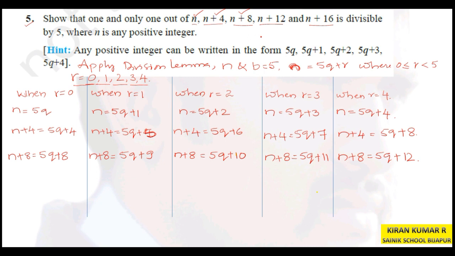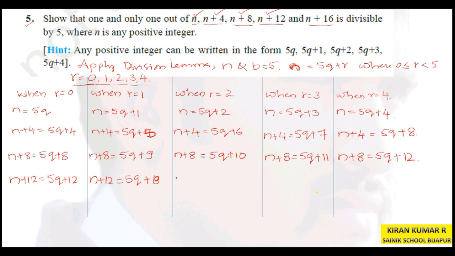Now we have to consider n plus 12. What will be n plus 12 for each of those remainders? When remainder is 0, n plus 12 will be 5q plus 12. When remainder is 1, n plus 12 will be 5q plus 13.